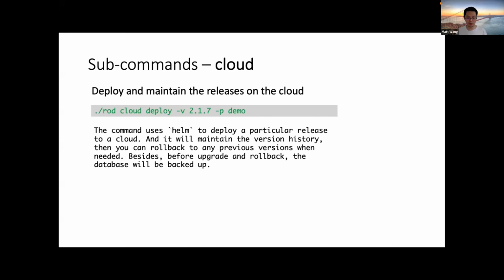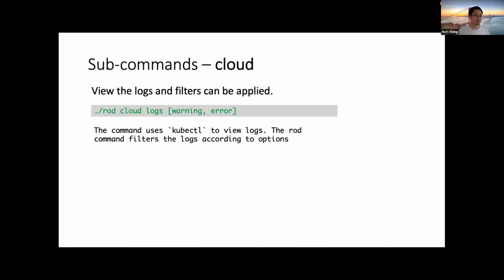You don't have to know too much information about AWS and Azure and Google Cloud. It makes no difference to raw. You just need to run raw cloud deploy, then you will have a new version to serve the users.